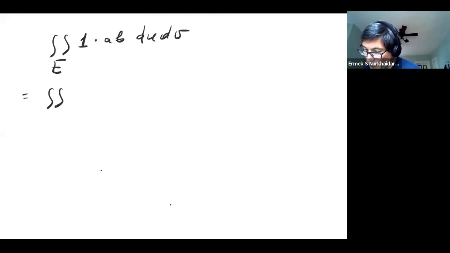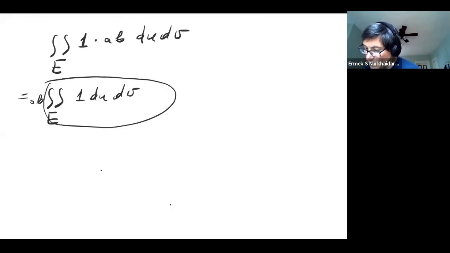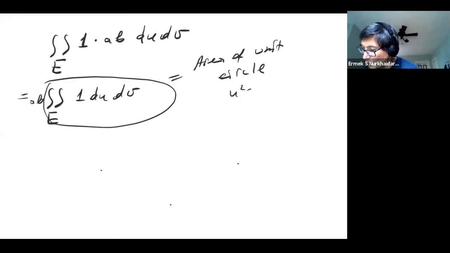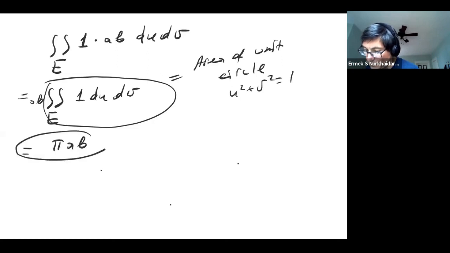Take ab out, the double integral of 1 du dv over E, and you realize that this is the area of the unit circle, u squared plus v squared equals 1. So the area of the unit circle is pi. So pi times a times b. So that's what we're going to get in this case.